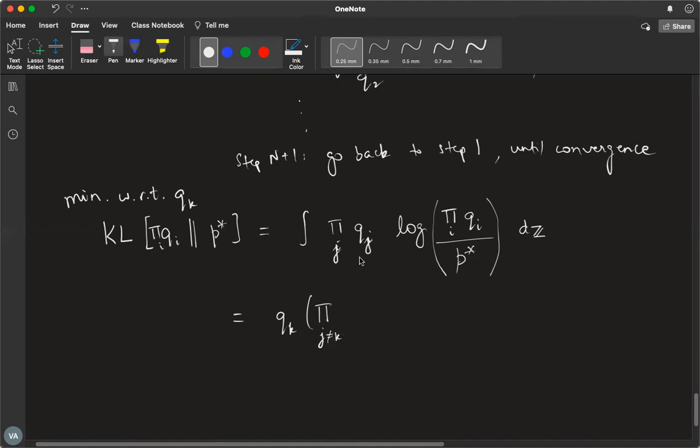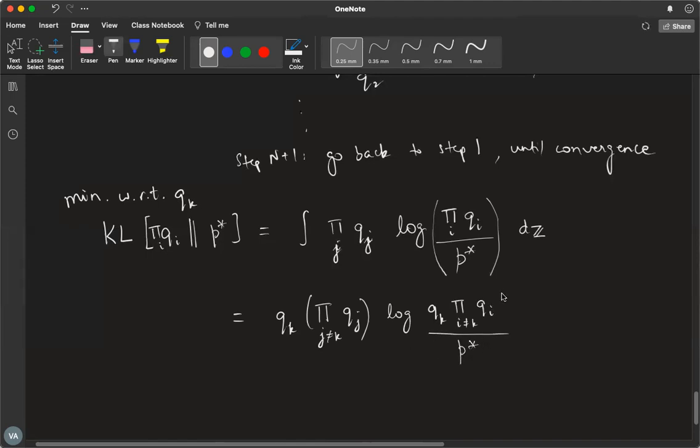J takes all the values except K, times QJ, times log of, again same thing, QK term comes out, QK times product over all I except K, QI, divided by P star.